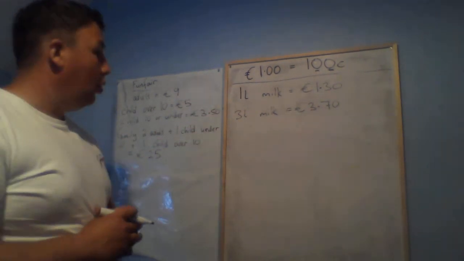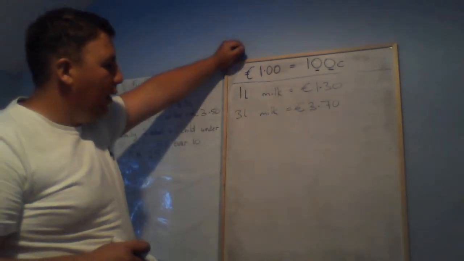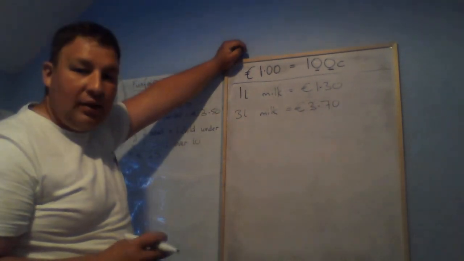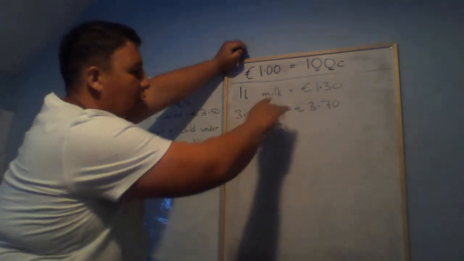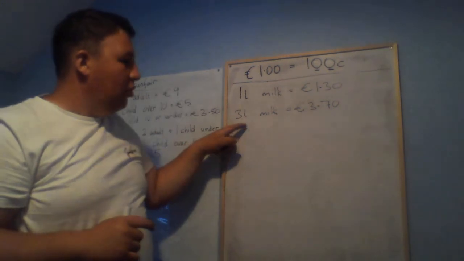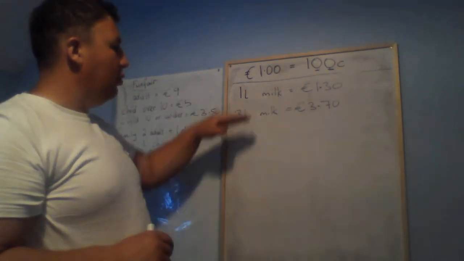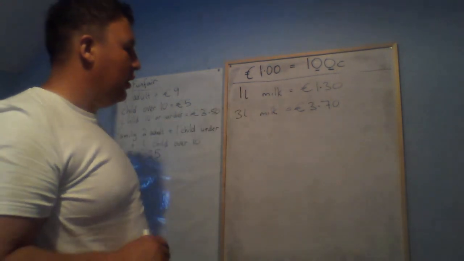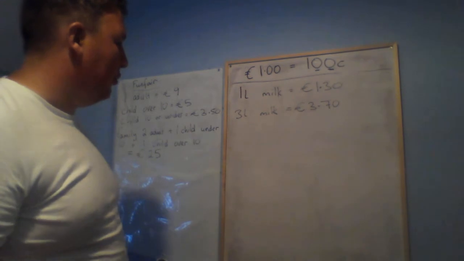Okay, so the way we will find this out is we have to get them both to the same capacity or same quantity on this side. So we know 1 litre of milk is €1.30, 3 litres of milk is €3.70. So we will find out, if we were to buy the cartons of 1 litre, how much would it cost us to buy 3 litres of milk.